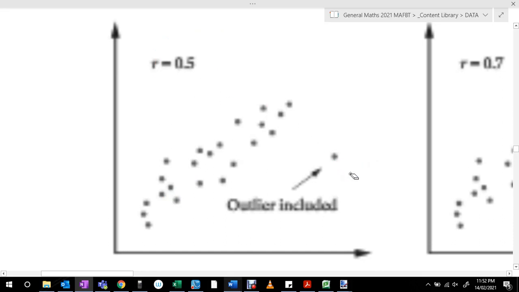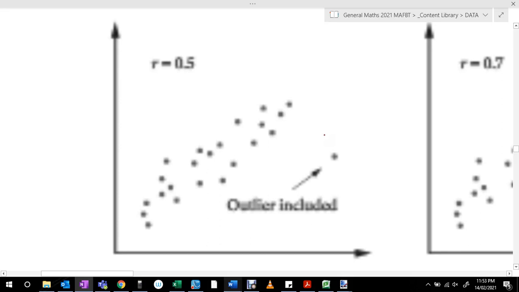Instead of having, for example, a graph where if I was to draw a line here and try to represent this data where it looks like this, I now need to consider that dot here. So that line will actually be maybe more like this. And it's not a good representation, obviously, because the outlier affects all these dots.